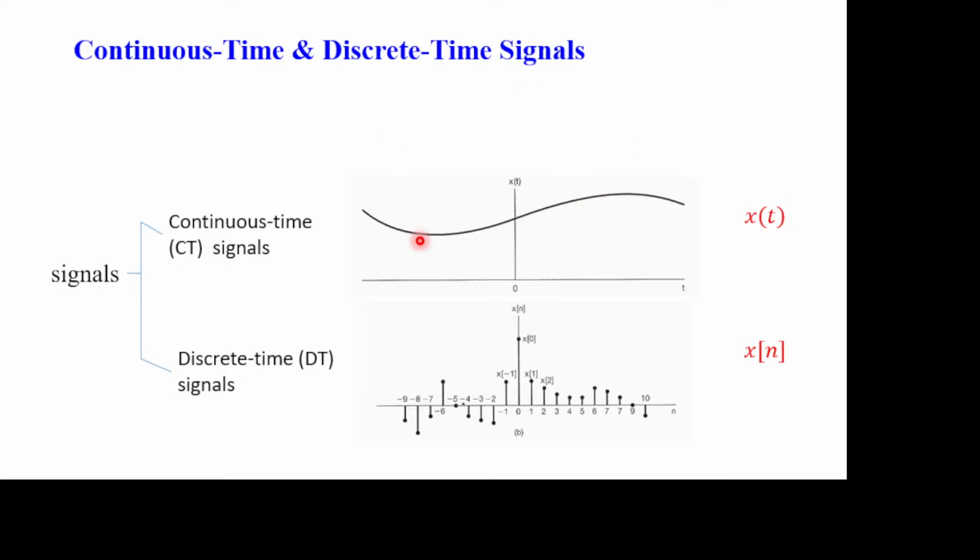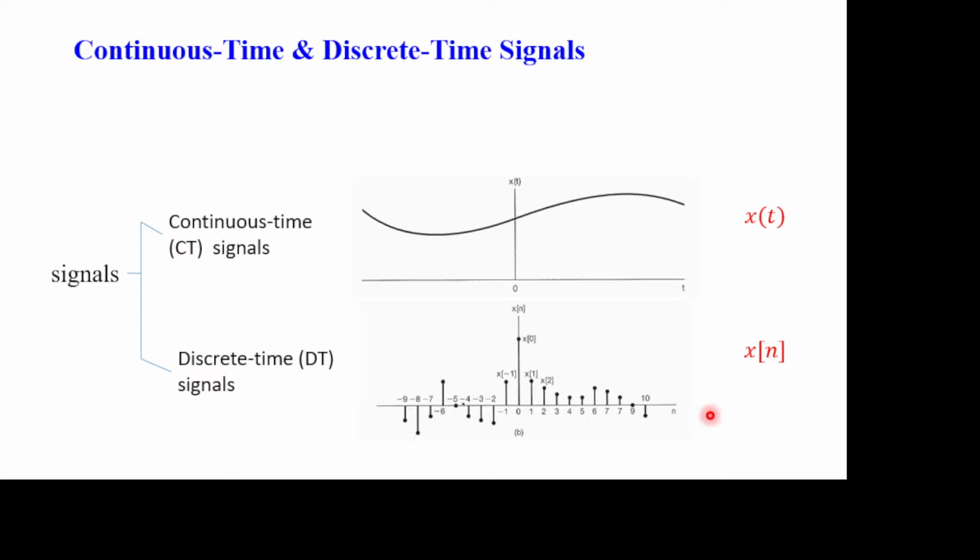Everything we discuss is basically going to have two parallel sections, for when time is continuous and when time is discrete. In this symbolic picture, a continuous time signal is this continuous thing, so time is continuous and you have signal everywhere.